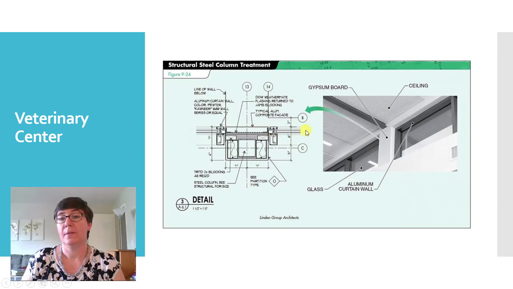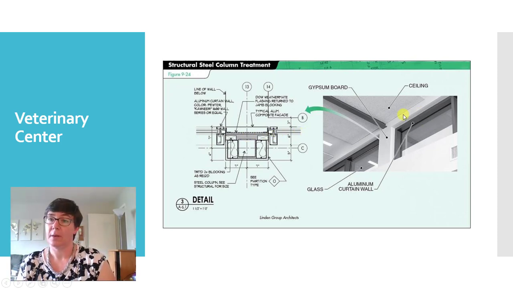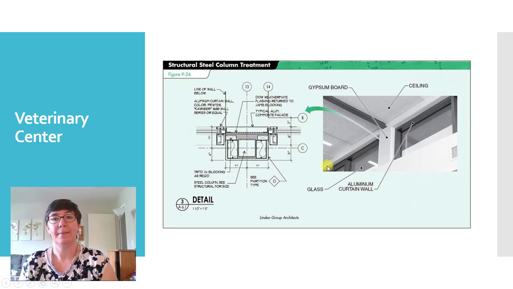And here is the glass facade. It's a curtain wall right here. And so in the picture, the structural steel is going to be concealed right in here. Can't see it. And here is the glazing. Here's the glass that is cut through in the detail.